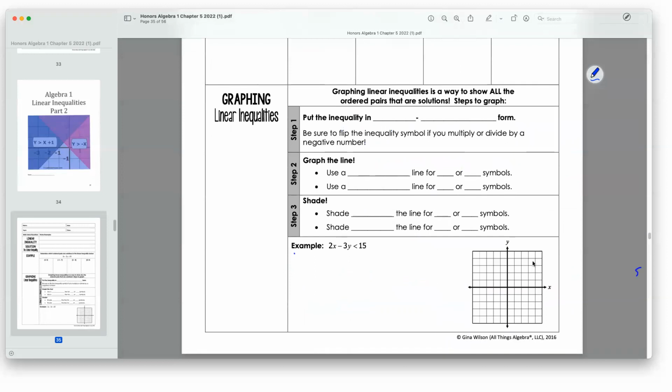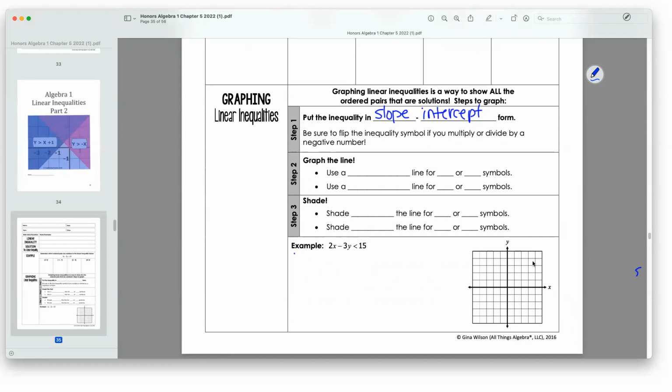So the first thing we have to do is put the inequality in slope-intercept form. It brings back a ton of stuff from the last section; this is like solving a system of equations with graphing. All of these problems have to be graphed in order to solve.